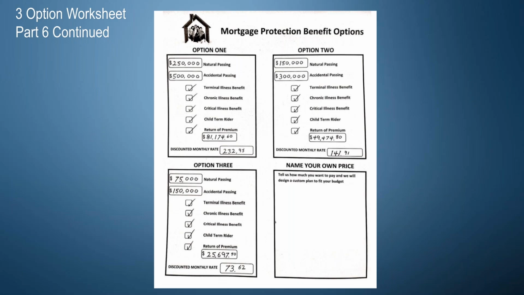But Jimmy and Ruby, you guys tell me which of these works best for you. Wow. So you're telling me that if I keep this policy to the end of the term and we're still alive, we get all the money back? You get all the money back. The only exception would be if you had a chronic illness and you took out a partial payment.